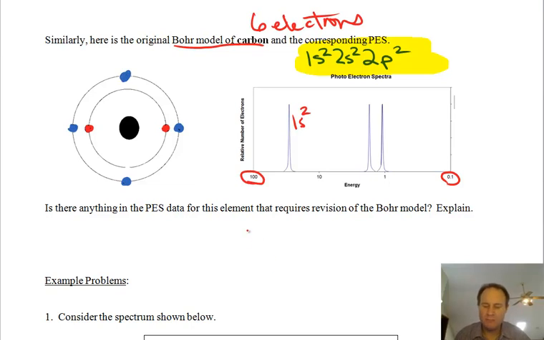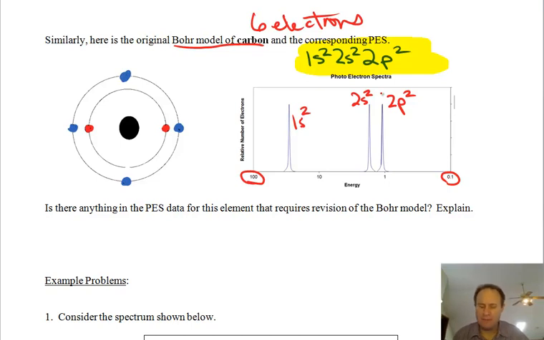So 100, then we go 1s2, 2s2 for the second peak, 2p2 for the third peak. Again, the farther things are from the nucleus, the looser the electrons are held. Due to shielding, and that distance is so far away that the 2p electrons don't require a whole lot of energy.